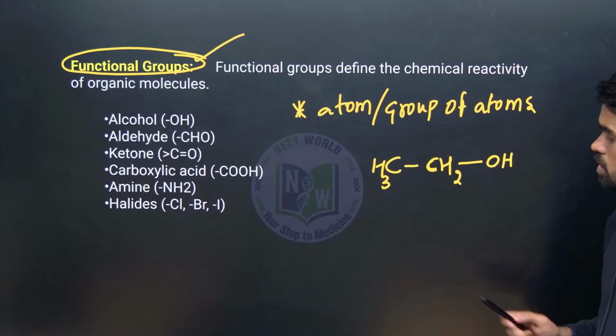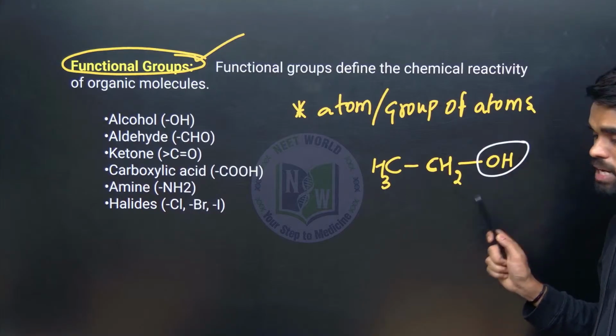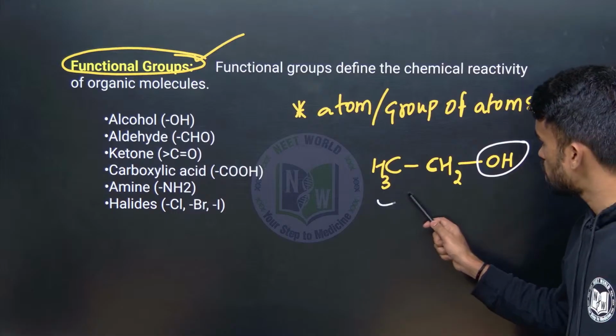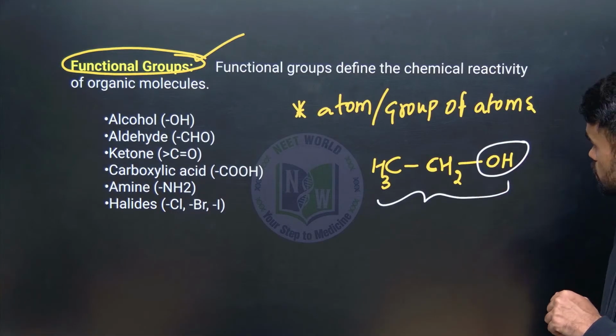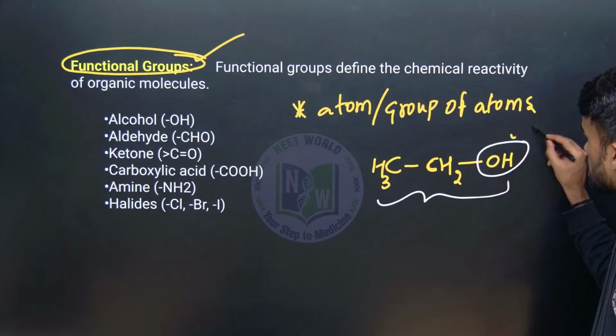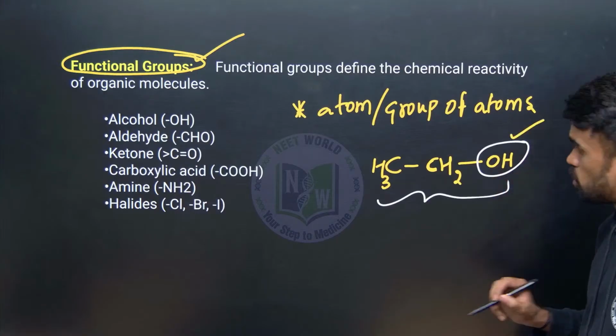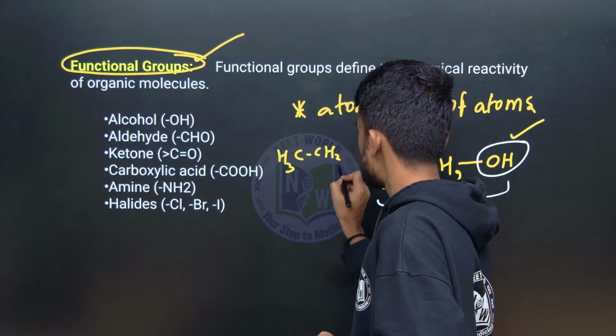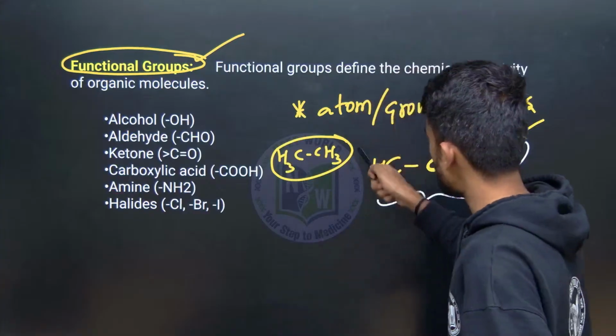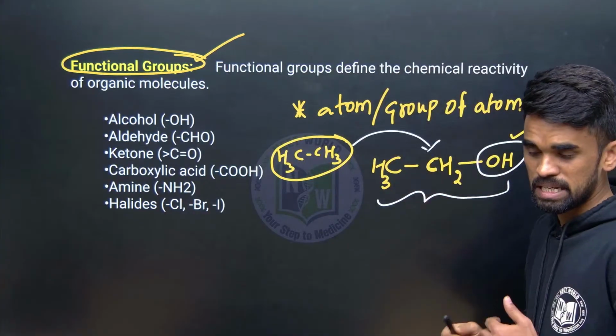Whenever we are adding OH, it becomes alcohol. So now it will have special properties, okay, characterized by this OH group only. Initially you saw CH3 CH3, this simple ethane. Now it is completely converted into some special category.